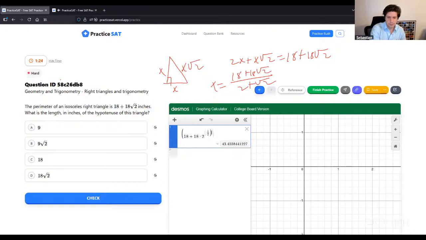This is the root button, but I'm not going to use it. Divided by 2 plus 2 to the 1. Get rid of this actually.